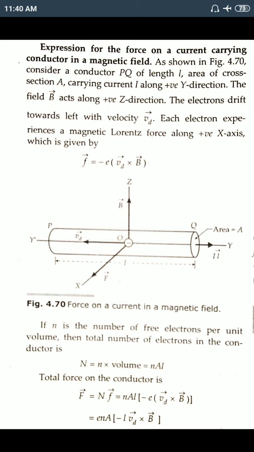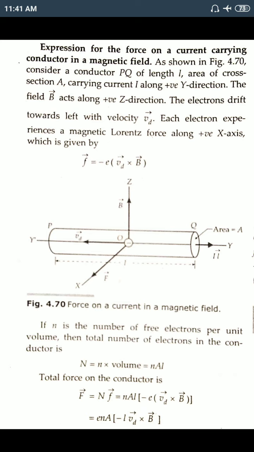The magnetic field also acts along the positive Z direction. Now the electrons drift towards left with velocity Vd. We know that the direction of electrons is opposite to the direction of current.